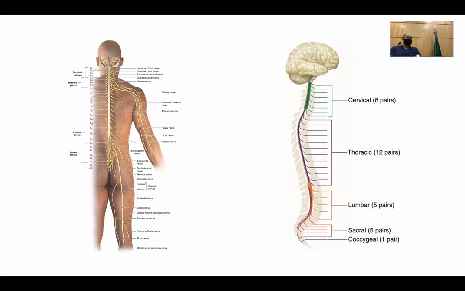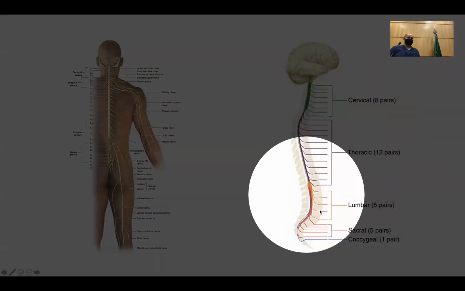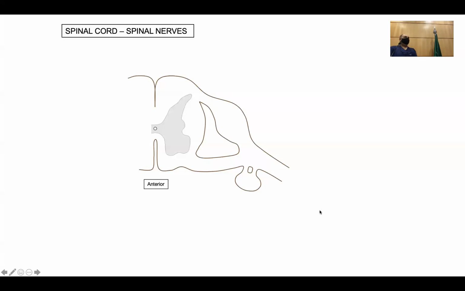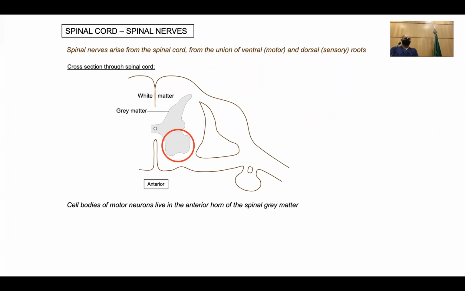From all of these, from the top till bottom, I'm taking one example. This is a section which is going through my spinal cord. Let's label it. So now, this is the white matter because it looks white to you. And that's the gray matter. Are we good? This is the organization.